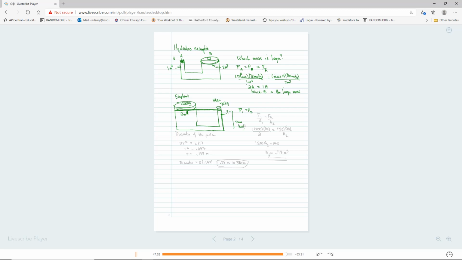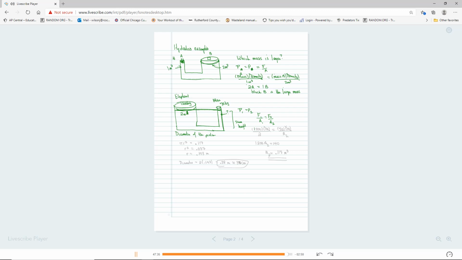So force 1 over area 1 equals force 2 over area 2. And the question asks us for the diameter of this piston, not the area. So I'm going to start by finding its area, because that's what I can do.